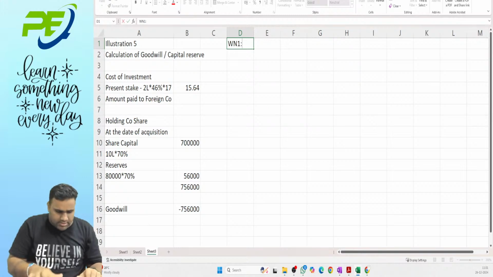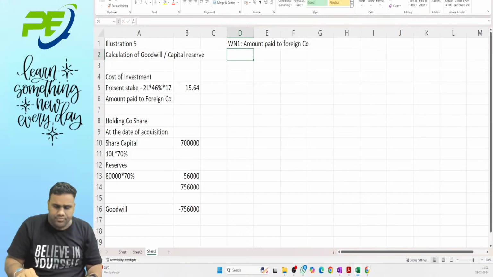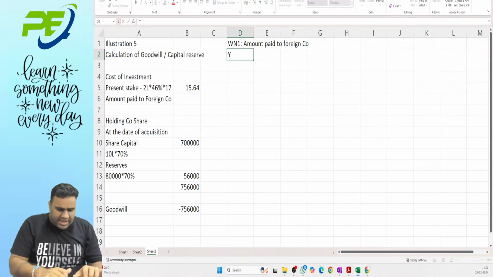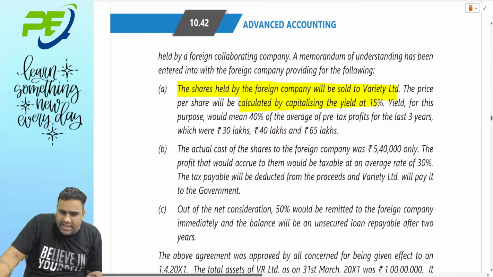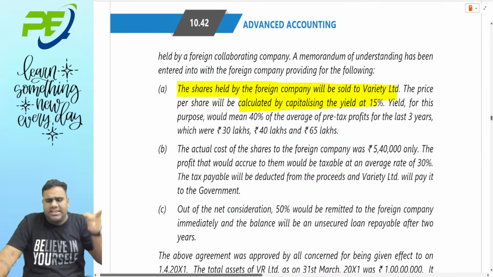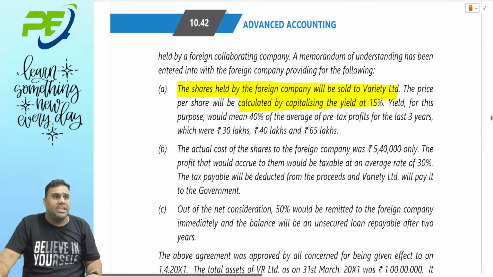Working note 1, amount paid to foreign company. Here, first we have to calculate yield. And for calculating yield, what they are telling is 40% of pre-tax profit of last 3 years.